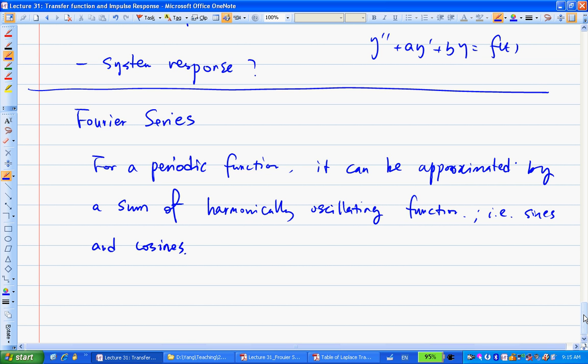Actually, in 248, we had one of the equations called the Laplacian equation. Remember in the last lecture, the Laplacian equation, the second order one, the del square F. That's basically an equation that can be used to represent the heat transfer or temperature change on the plate. It's a partial differential equation. The Fourier series can be used to solve partial differential equations, which we won't be able to cover in this class.